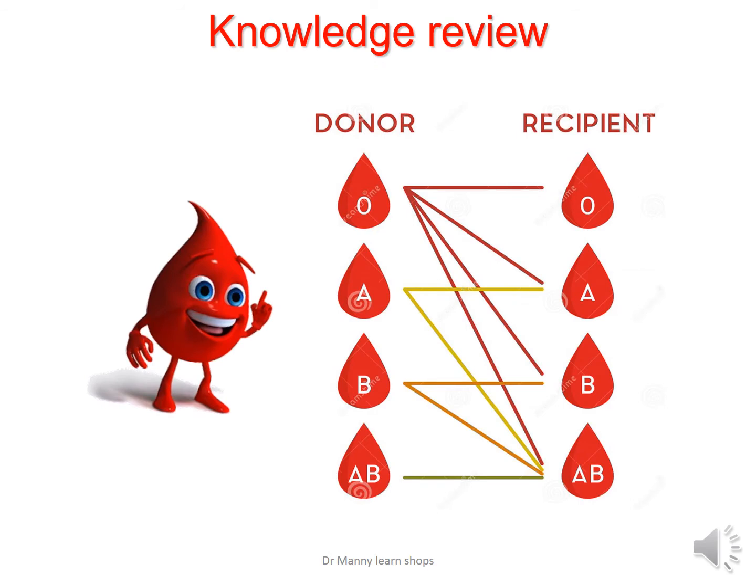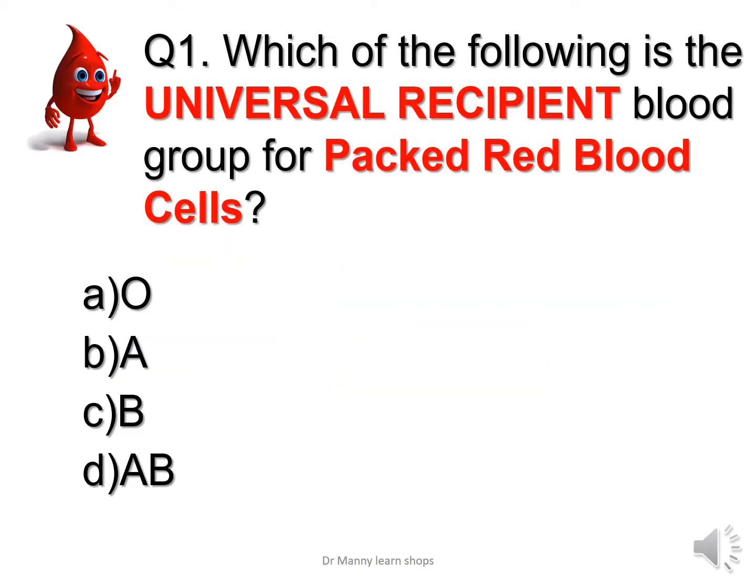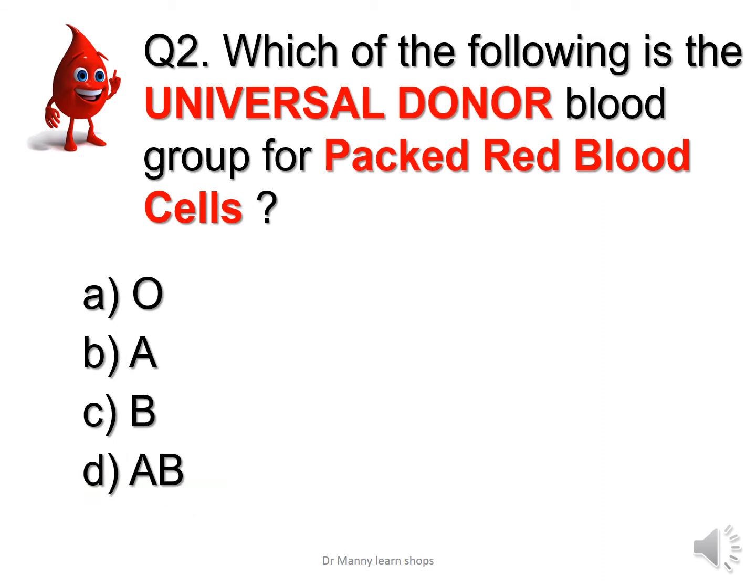Let's do a knowledge review. Which of the following is the universal recipient blood group for packed red blood cells? O, A, B or AB? The correct answer is AB. Which of the following is the universal donor blood group for packed red blood cells?